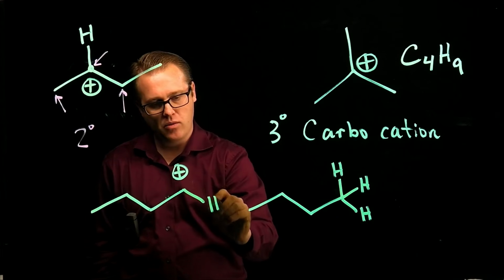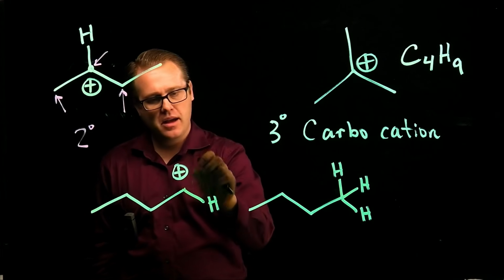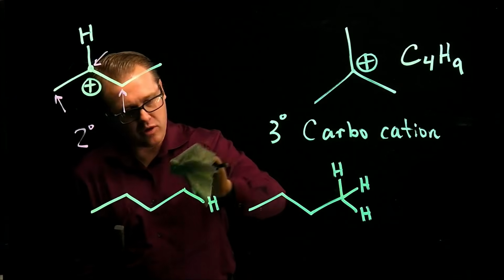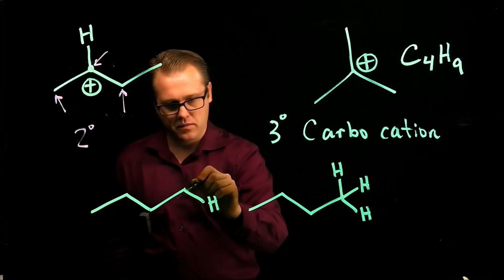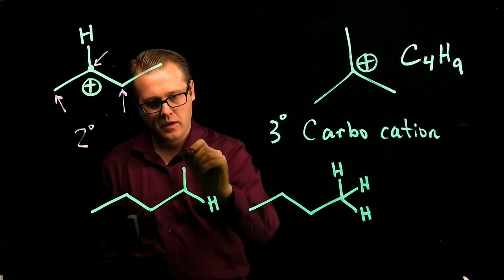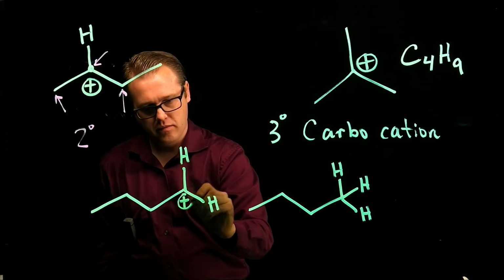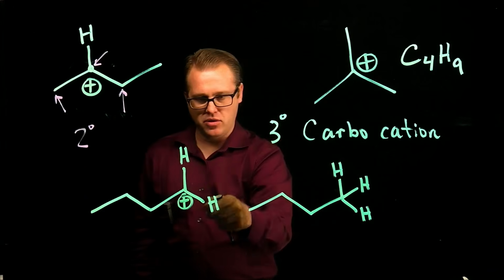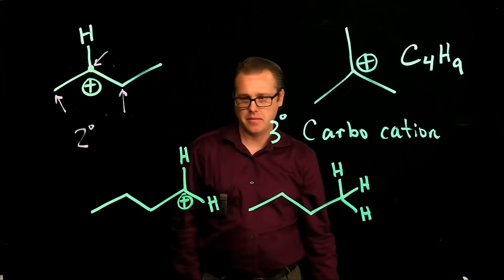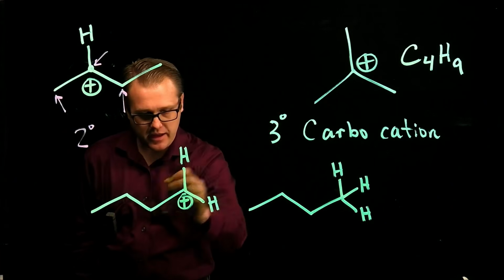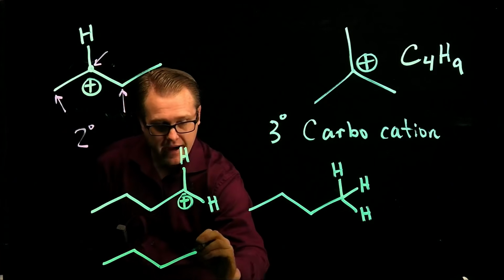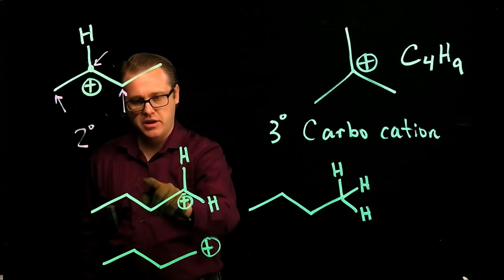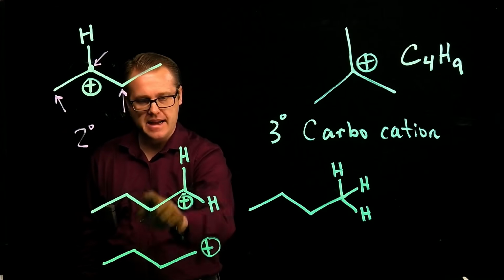Let's move this positive charge out of the way for a moment. Do you see how there's 3 hydrogens? Now there's only 2. Okay. So when I redraw this without the hydrogens, it looks like this. So these 2 molecules right here are the exact same.